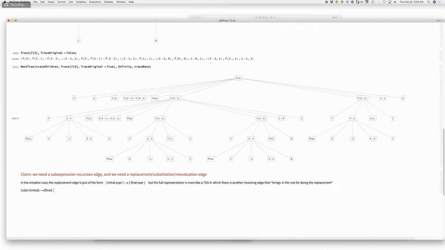And in the multi-computation case, it's more like rule plus initial goes to final one, final two, final three. Is this making sense to people? So I claim that's the graph we want.